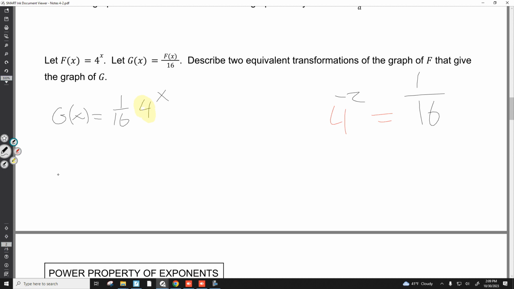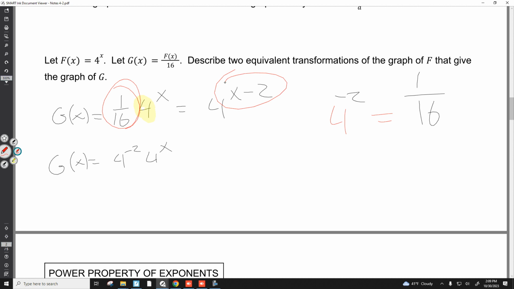So I'm going to rewrite G as 4 to the negative second times 4 to the x, which means this can be written as 4 to the x minus 2, which means a vertical dilation of a factor of 1/16 is equivalent to a horizontal translation of 2 to the right. Got it?